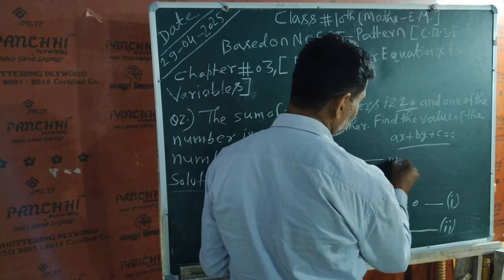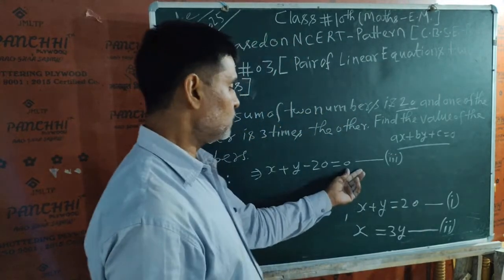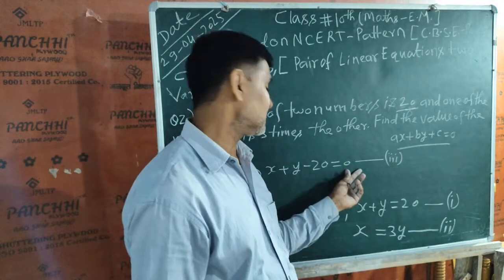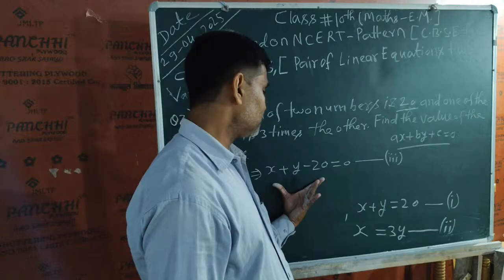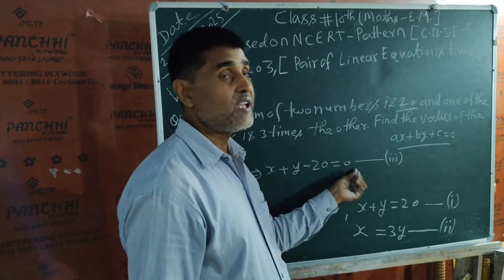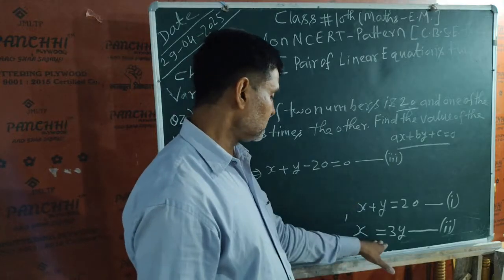So I will say this is equation number 3, because if the left hand side has an expression and the right hand side has the value 0, then that is an equation.